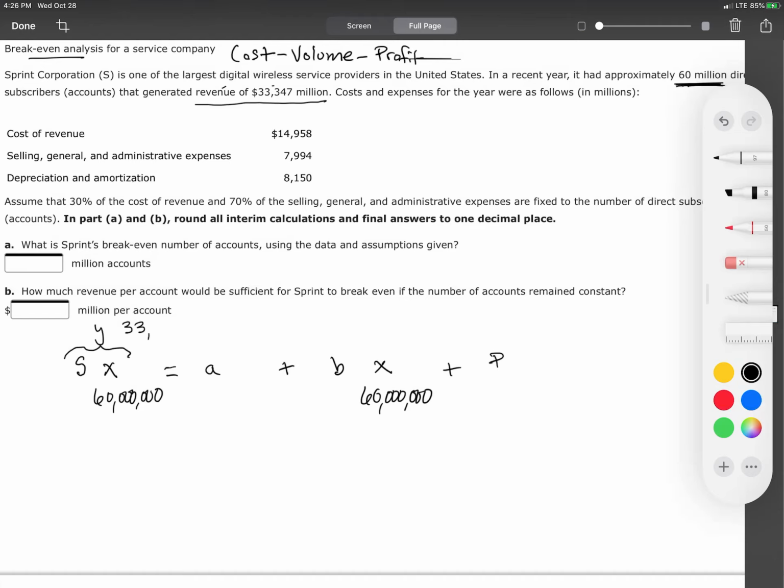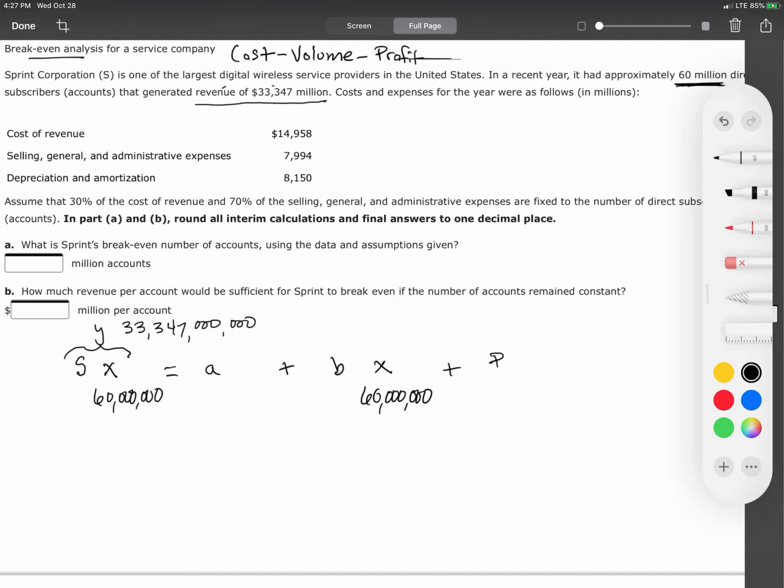Y is equal to 33.347 million. Actually, that's going to be billions. So that's what the total Y is. And we know that the X is 60 million.